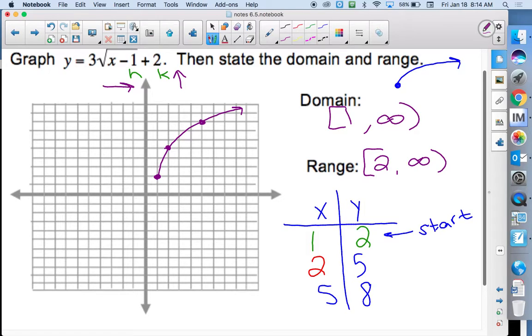What do you notice about that x value from the domain and the y value from the range? What do they represent in the equation? Good job. The x value is h and the y value is k. Yeah, so you're using h to infinity, and we're using k to infinity. So the x value is the h, the y value is the k.